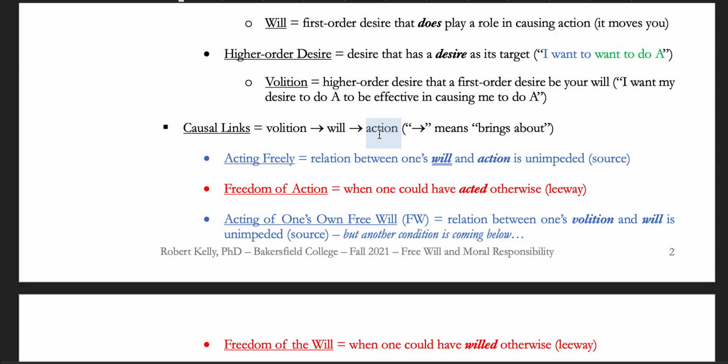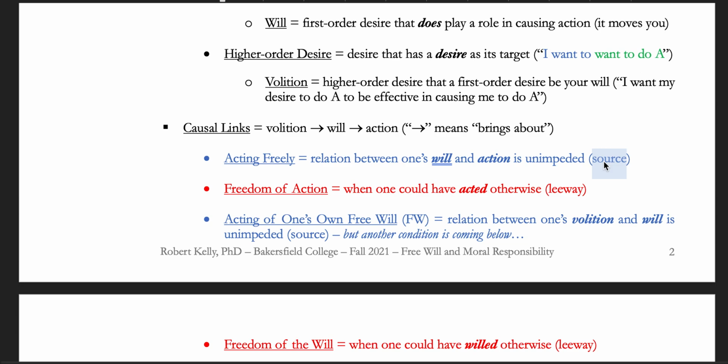It's not like I desire to do something and then a neuroscientist puts a chip in my head and makes that desire effective, right? We don't want any of that, okay? When the connection between your will, your effective desires, bringing about your action is unimpeded, that's acting freely. And you don't need determinism for that.